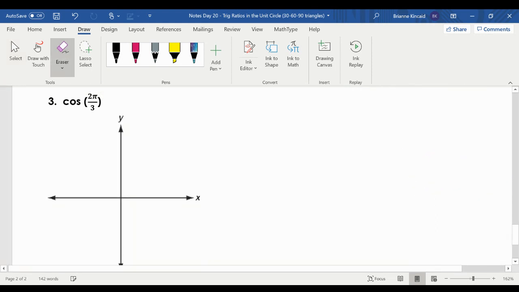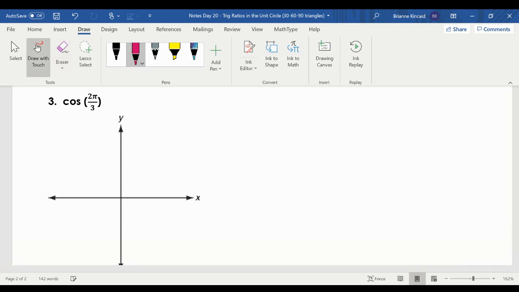All right, and lastly, 2 pi over 3. I'm going to convert. So times 180 over pi. The pi's cancel out. 3 goes into 180 60 times. So that's 2 times 60, or a 120 degree angle.